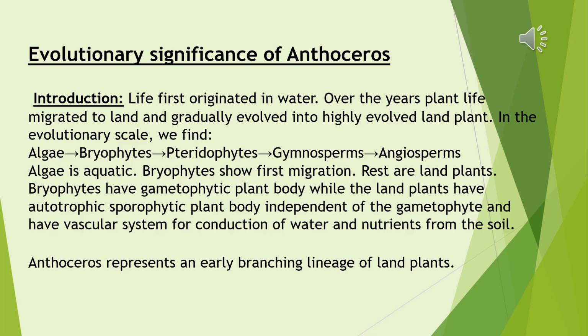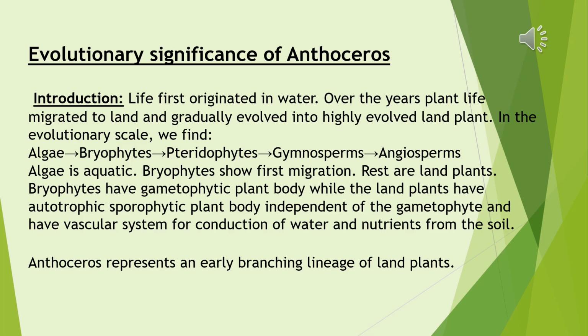Now, what are the main differences? Algae are aquatic, bryophytes are amphibian, the rest are land plants. That is, from aquatic to land plants is the evolution. Bryophytes have a gametophytic plant body, while the land plants have an autotrophic sporophytic plant body independent of the gametophyte and have a vascular system for conduction of water and nutrients from the soil.